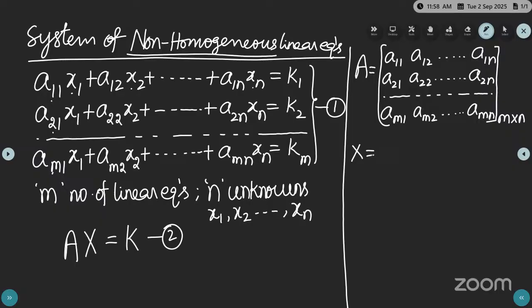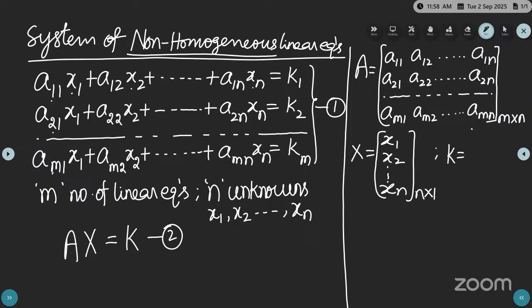Next, x equals x1, x2, and so on up to xn, of order n by 1, is known as the solution or unknown matrix.